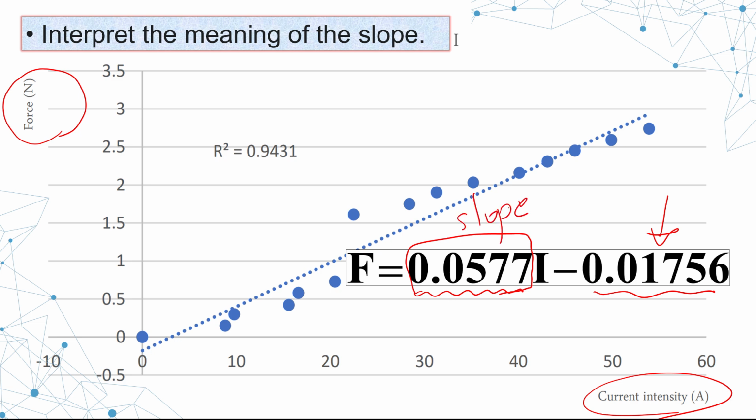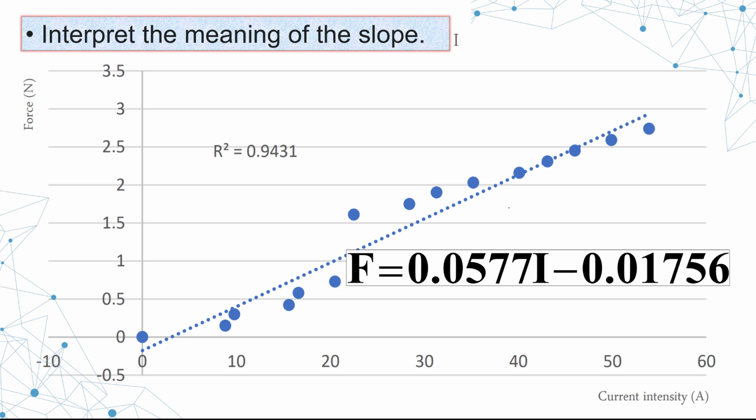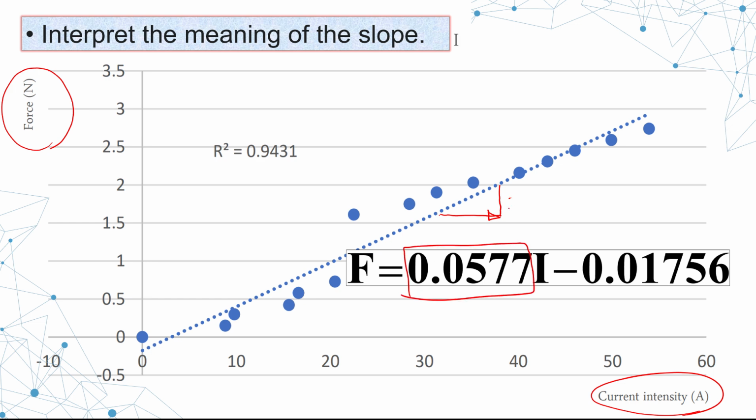But the question is, how can I interpret that? First of all, remember you are in science. Vertical is not the y-axis, it is force here. Horizontal is not the x-axis, it is current here. So when you make your right triangle and go one step forward, you should go 0.0577 upward to find the graph again. This is the meaning of a slope.